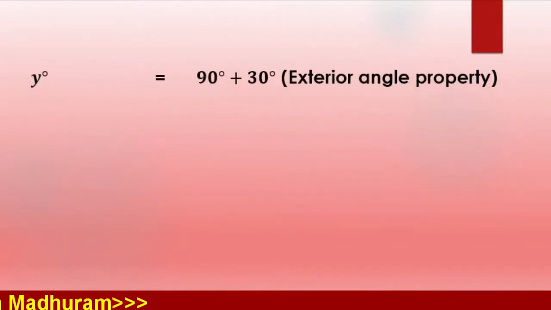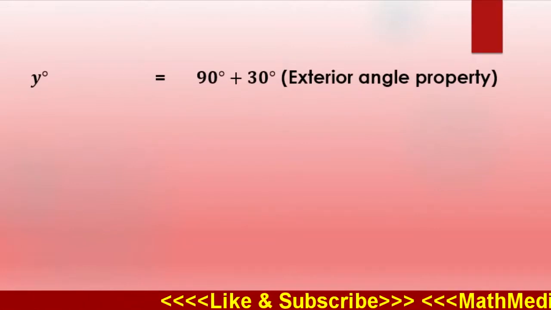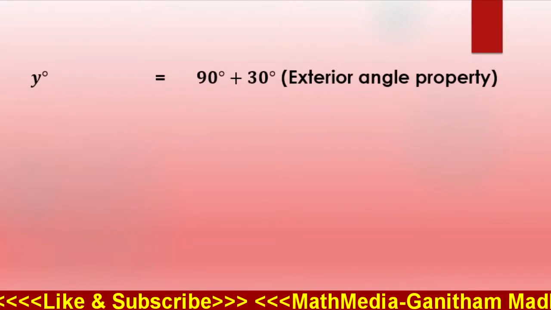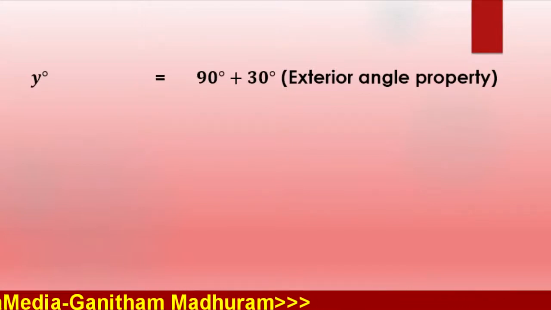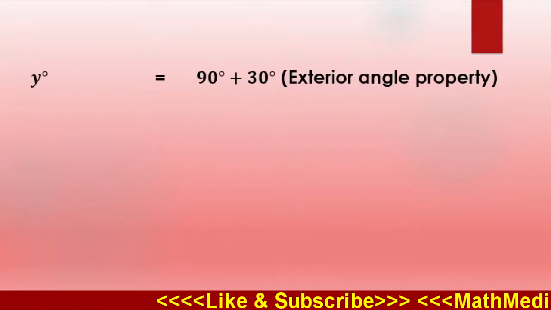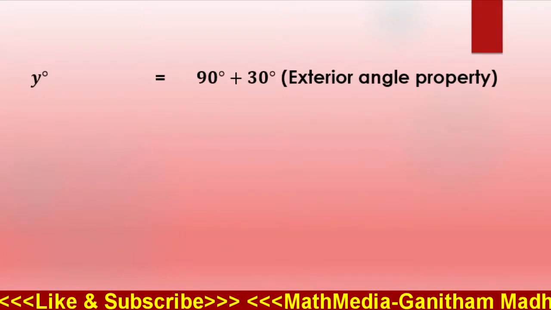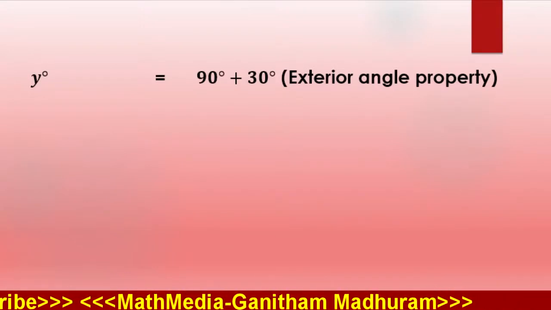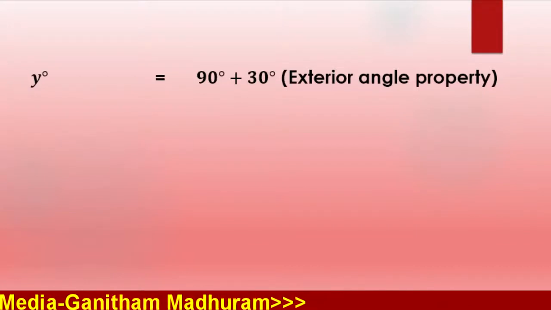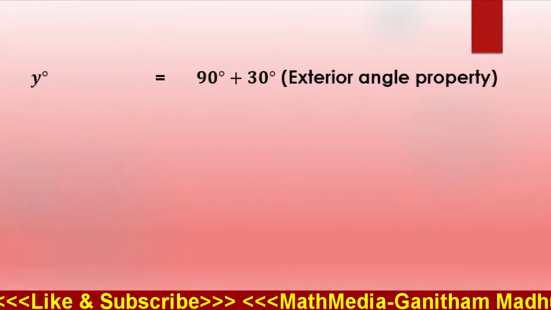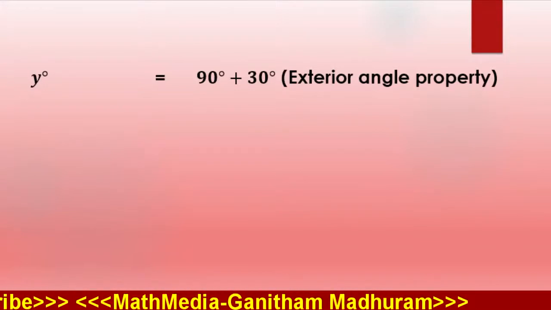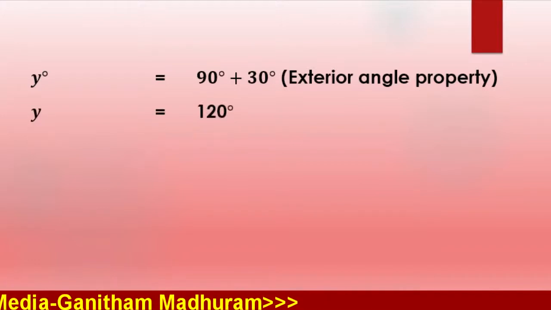Next, y equal to 90 degrees plus 30 degrees. The reason is the exterior angle property, meaning exterior angle equal to the sum of opposite interior angles. Here y is the exterior angle and the opposite interior angles are 90 and 30. Therefore y equal to 120 degrees.